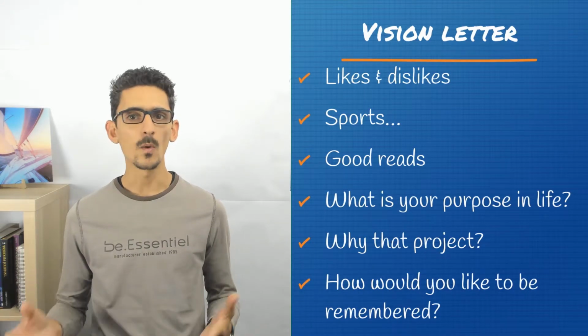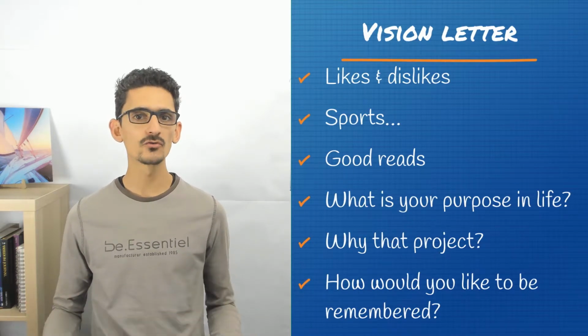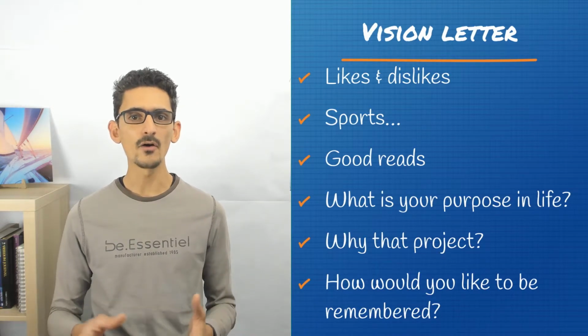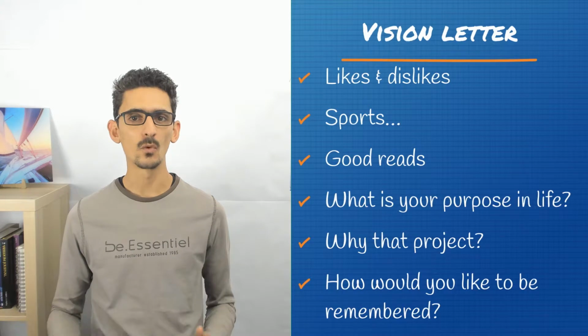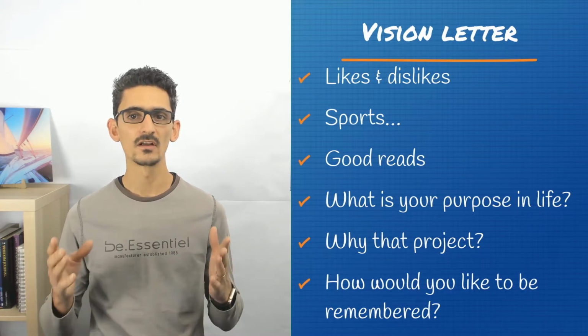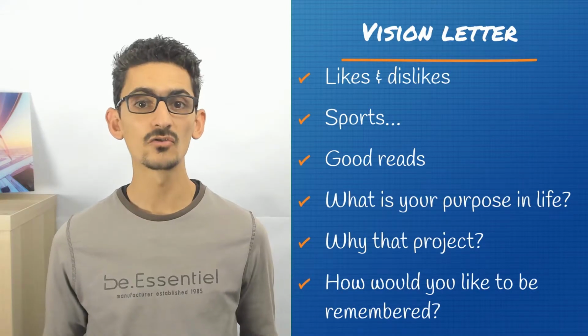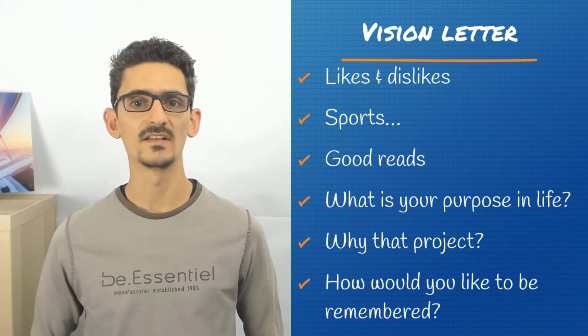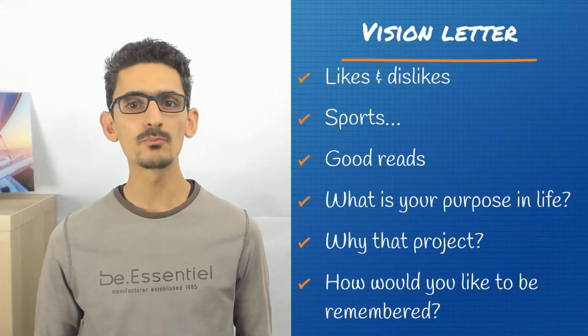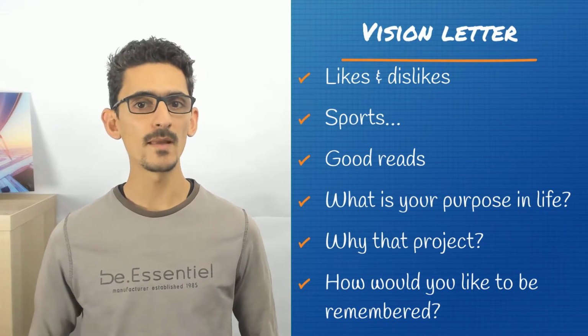Who you are, what you like or dislike, what are your good reads, your sports, music, etc. And how your role will evolve in the company and how it fits into your desired lifestyle. It can also include your purpose in life. Why are you taking these opportunities? And some deep reasons, like how would you like to be remembered?